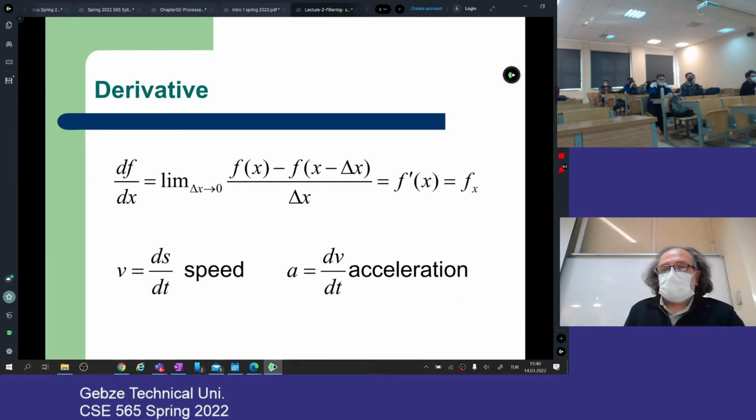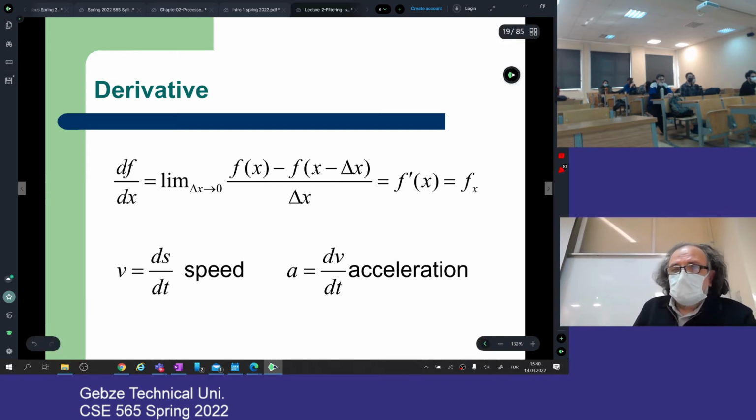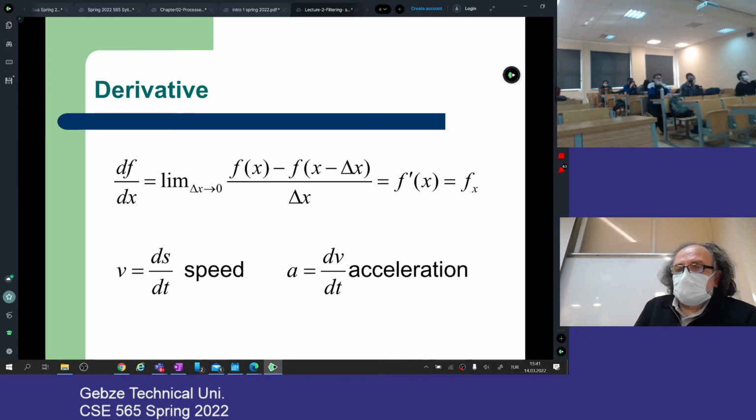We know this, and there are many ways of taking derivatives. So this is the basic definition of the derivative of a function. The derivative is basically taking this limit, with a very small, infinitesimally small interval. If I subtract that interval from x, evaluate the upper part and divide it by this very small interval, you will get the derivative of that function at position x.